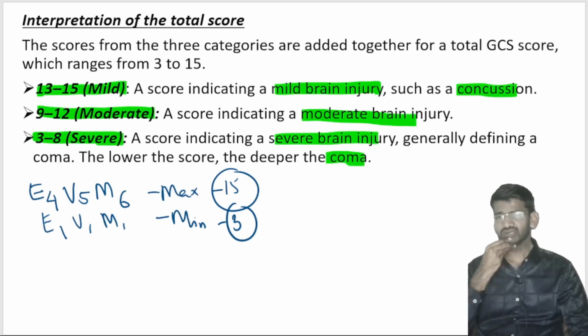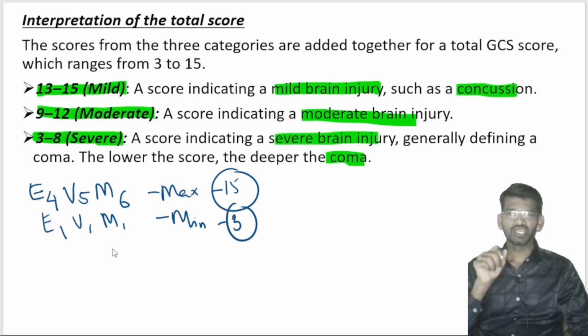Sometimes the question may arise whether we can use this GCS score for considering a patient for intubation. So the question may arise like this. Okay, so can we use this score for considering a patient for intubation?